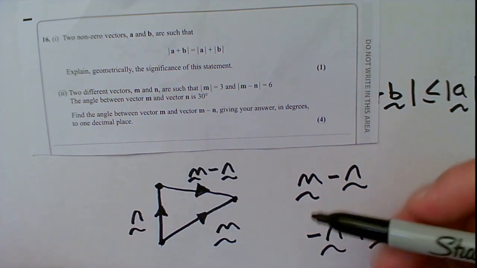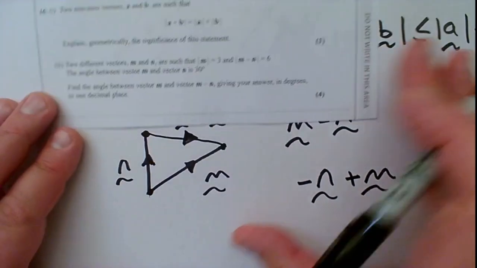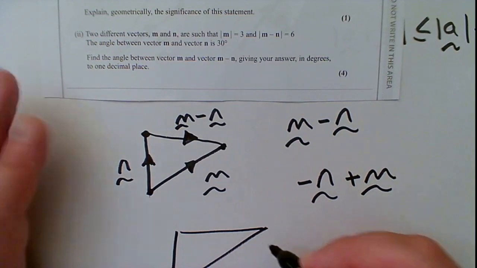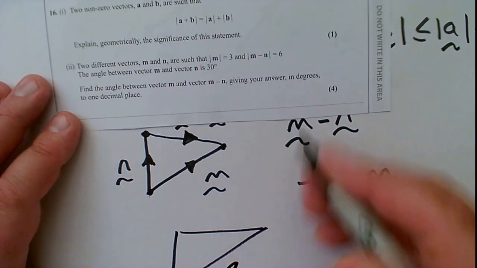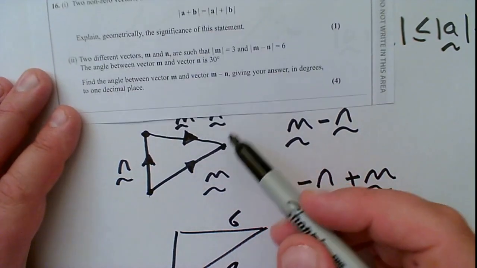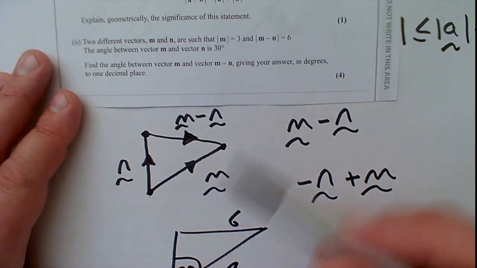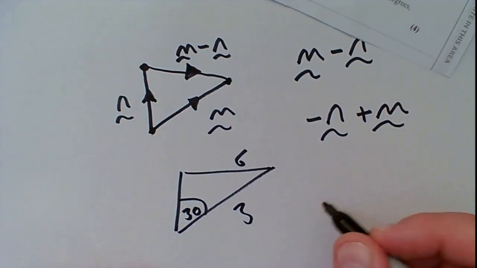Try to get your head around that and make sure you're okay with it. Then what you can do actually is just reduce it to a GCSE question. So it says the size of m is 3, the size of m minus n is 6, the angle between m and n is 30. So that's the picture that we would have, sorry, you can't see this. That's the picture we would have ended up with.